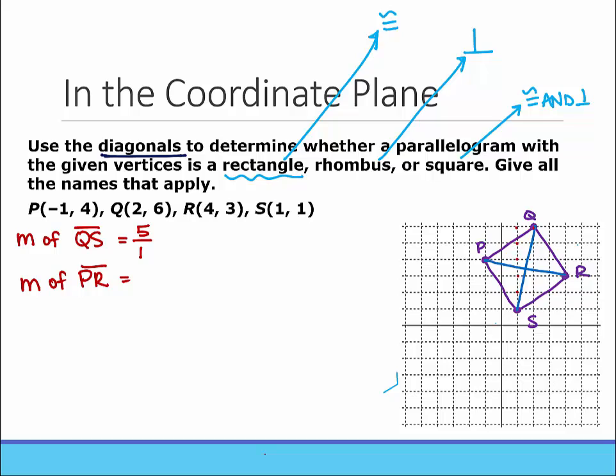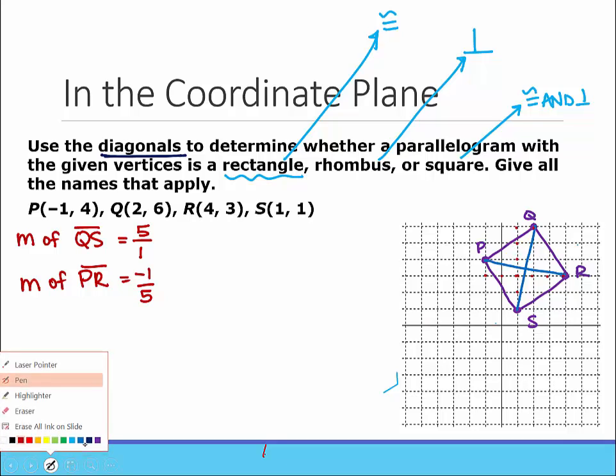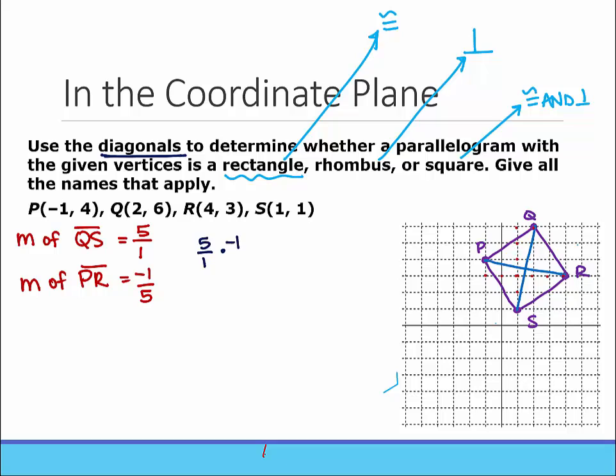So I'm going to go down 1 over 1, 2, 3, 4, 5. Down 1 over 5. And then to check to see if they are perpendicular, multiply them together. Does 5 over 1 times negative 1 over 5 give you negative 1? In this case, it does. So this means that they are perpendicular. So we know it has to be a rhombus.